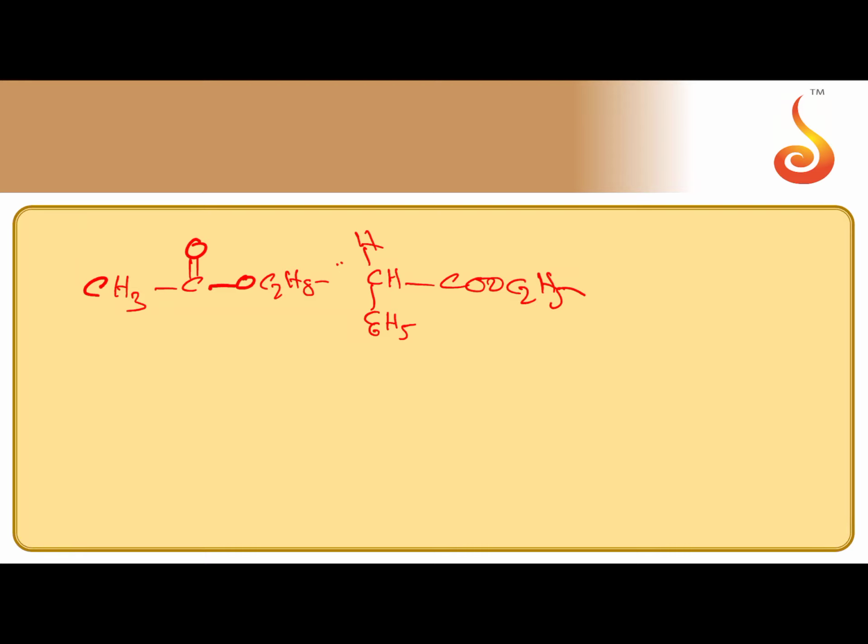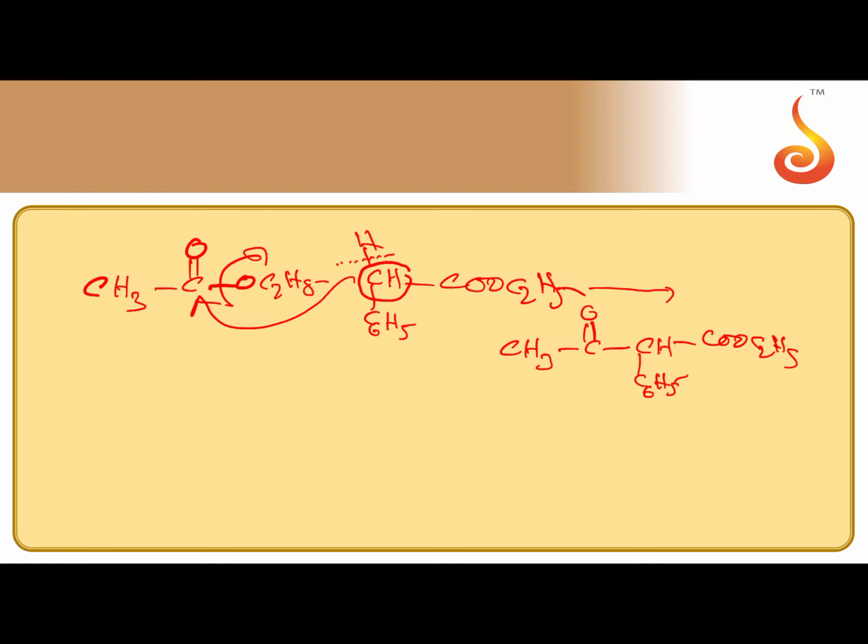Now this is a reagent which provides the attacking nucleophile. So alpha carbon becomes the attacking nucleophile, attacks at the electrophilic carbon. We can get one cross ester condensation product, CH3COCH(C6H5)COOC2H5. So this is one cross product.